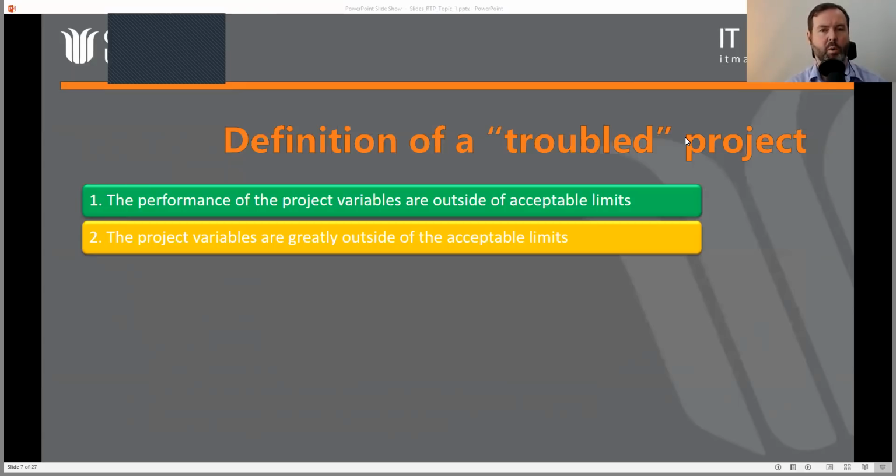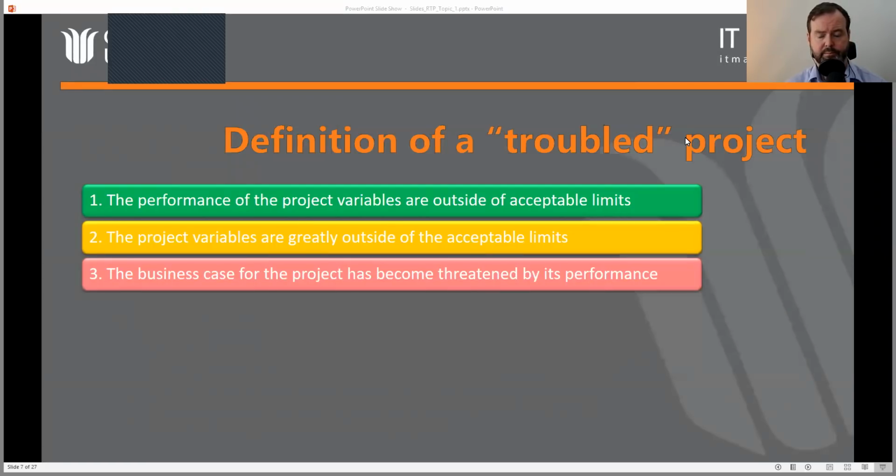They might be a long way outside of what should be, or they may have been outside for a longer period of time. It might only be a little bit outside of some of the tolerances, but for a long period of time in the project. So there we start to say, okay, this project is not perfect, but it's a little bit abnormal in how imperfect it is.